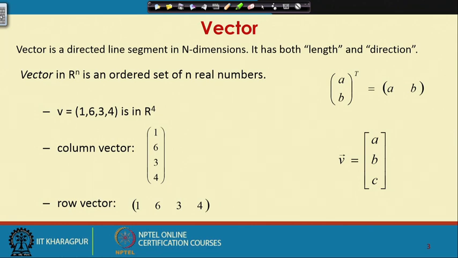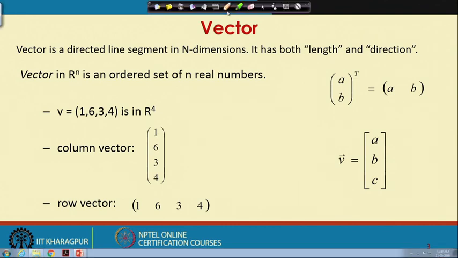Vector is a directed line segment in n dimensions. It has both length and direction. Vector in n dimensional real space is an ordered set of n real numbers. So, an n dimensional real space is shown like this, R to the power n.